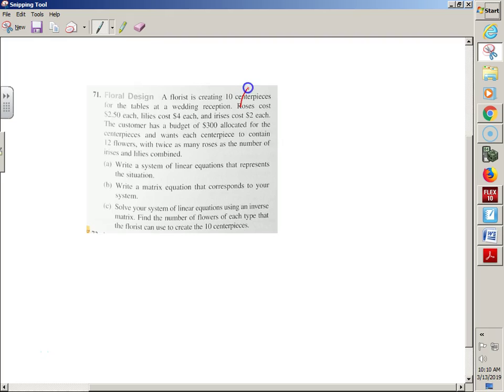So if I make the roses X, if I make the lilies Y, and I make the irises Z, what can I set up? Yeah, because I see $2.50 times X, $4 times Y, $2 times Z. The customer has a budget of $300.